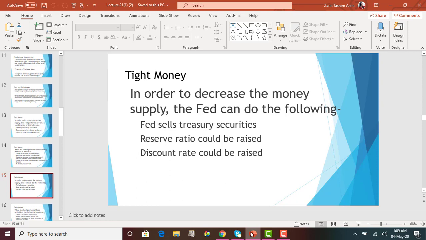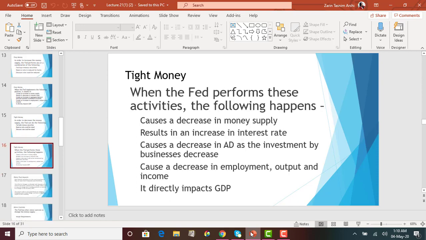Reserve ratio can be increased. What happens? Banks will have to keep more reserve on the side so they can loan out less money to the people, so money supply decreases. Another thing is discount rate can be increased. So banks will not borrow money now because the interest rates have gone up. They will be discouraged. So once this happens, the money supply decreases.